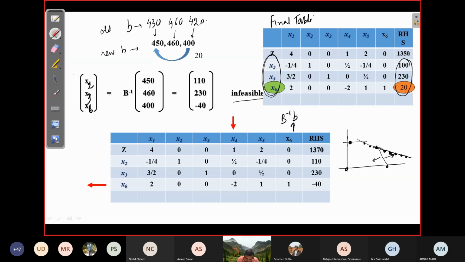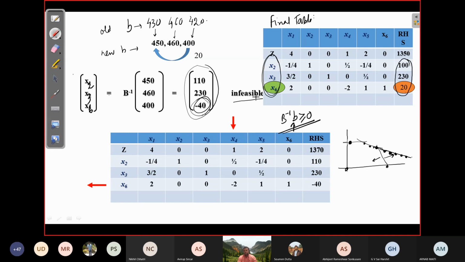Because these values are nothing but B inverse b, and I am changing this small b. So whatever may be the value of small b, as long as B inverse small b is greater than or equal to 0, I'll have the current base as the feasible and optimal one. If it is not, like for example here you see minus 40, it becomes infeasible.